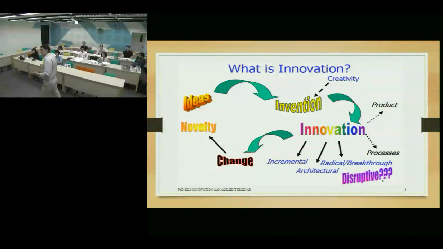Okay, in other terms, what you're describing is the adoption of technology. Yeah. But we also have different types. You talked about incremental innovation. We also have some other types.